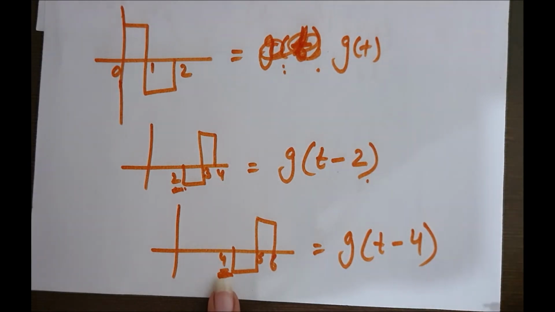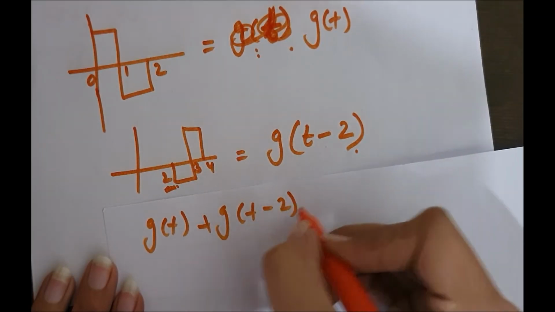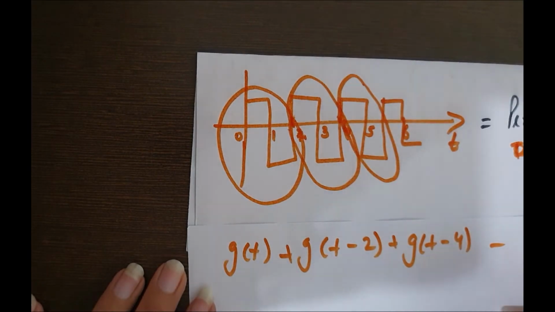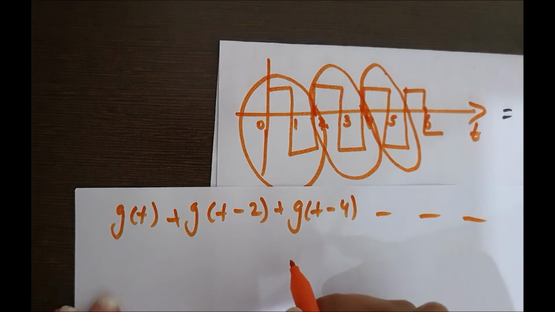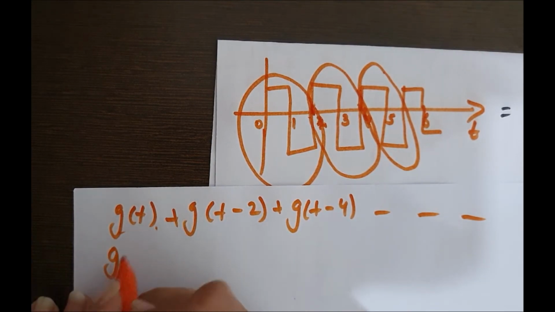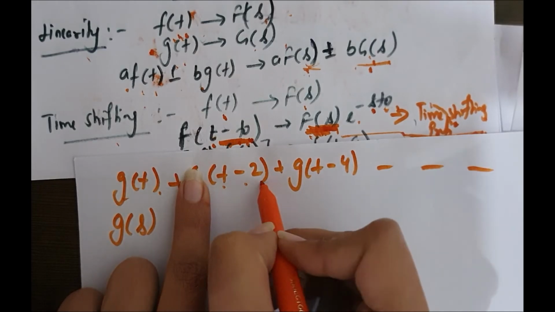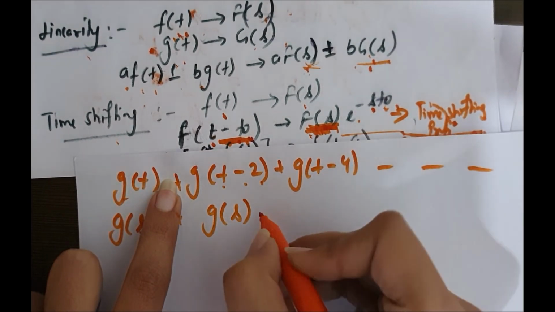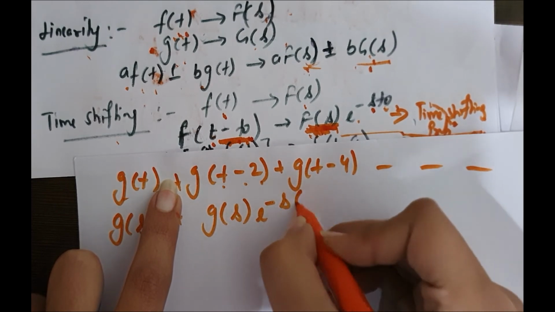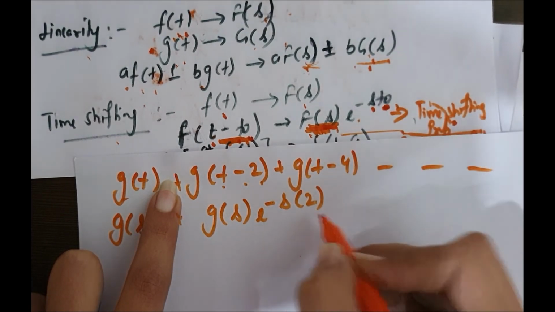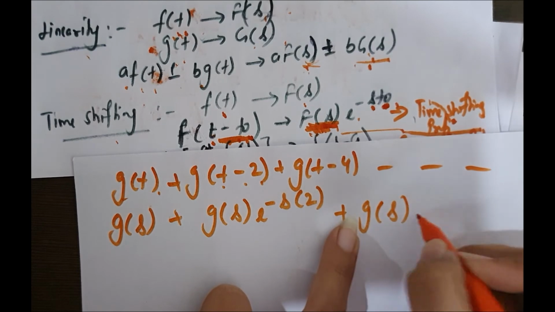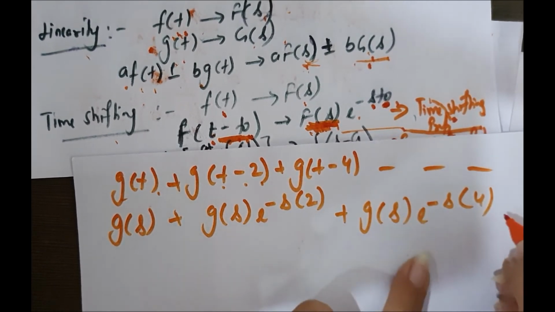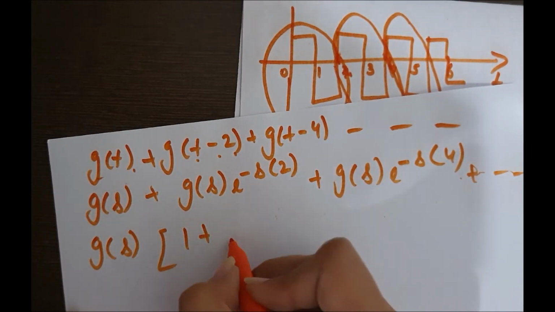Now let's find its Laplace transform, because this function keeps on repeating. The Laplace transform of g(t) will be G(s), plus G(s) exponential minus s times 2, where t naught is 2, plus G(s) exponential minus s times 4, and so on.